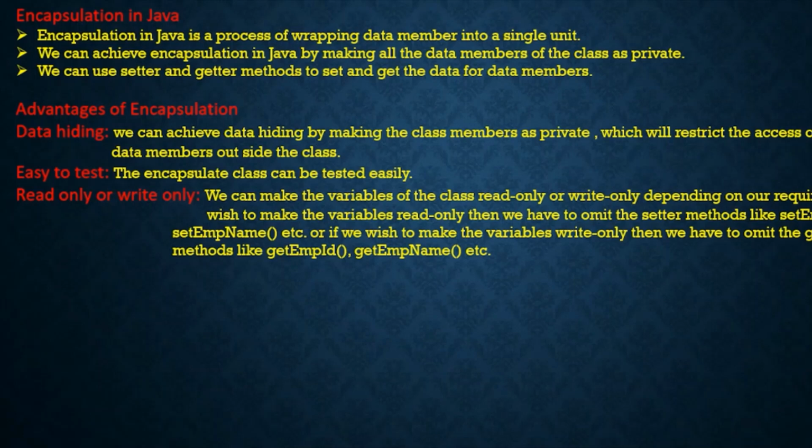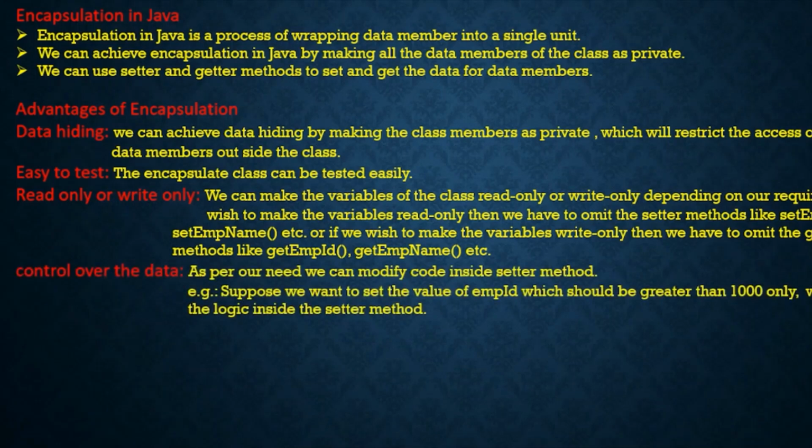If we don't write the setter methods for the employee class, then it will become read only. By omitting the setter methods, we can get read only. And write only similarly we can have.